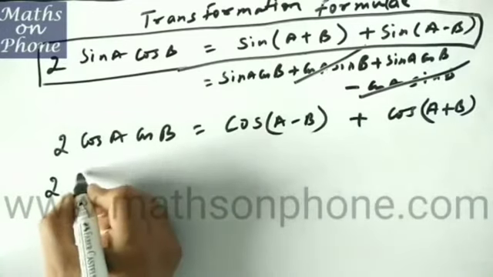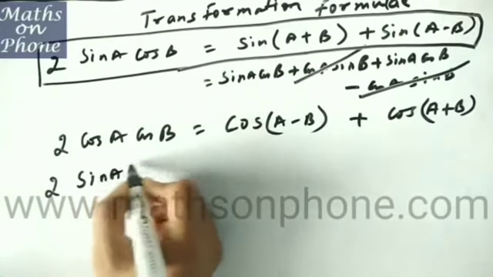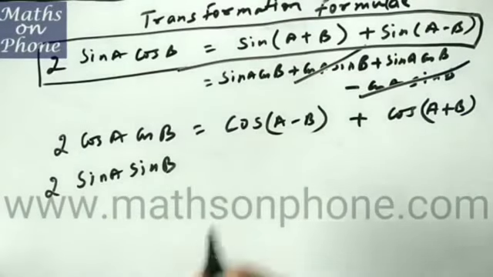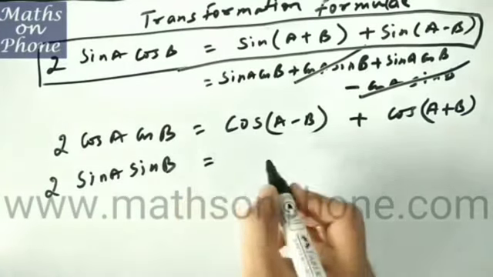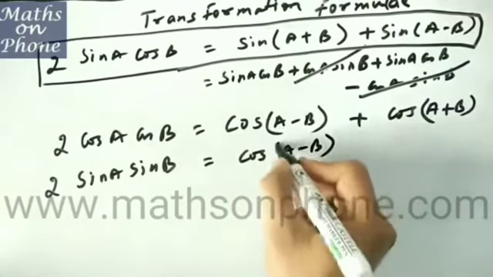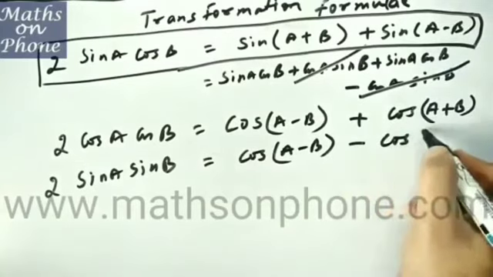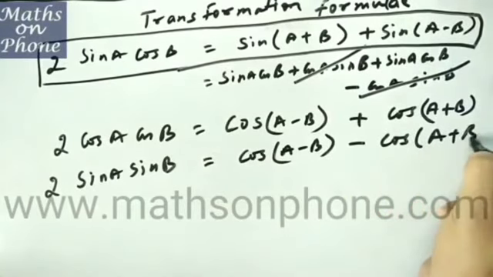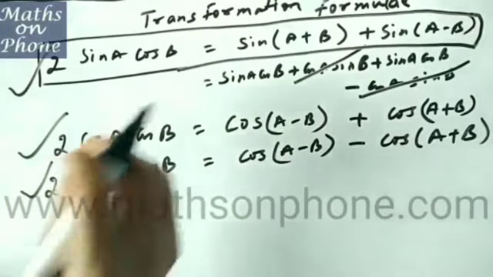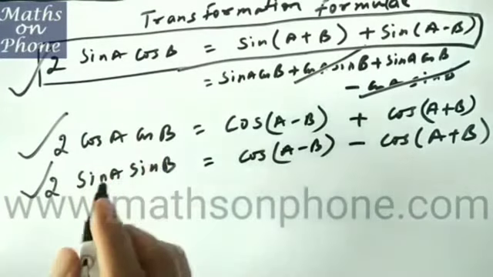Now another formula I am writing, 2 sin A into sin B. That is coming out to be cos(A−B) minus cos(A+B). You just remember these three formulas, 1, 2, 3. Just memorize these very important formulas.